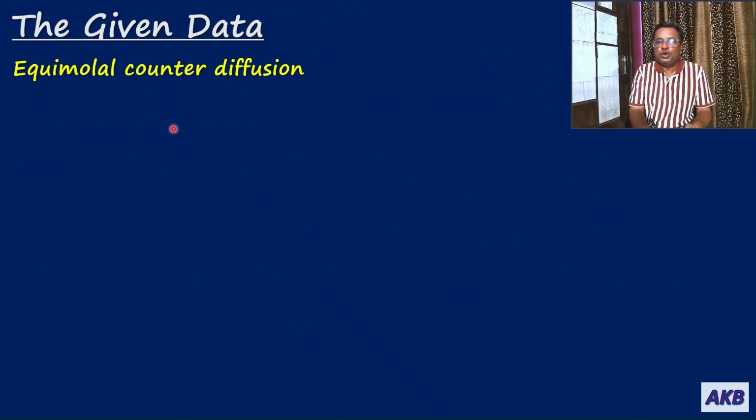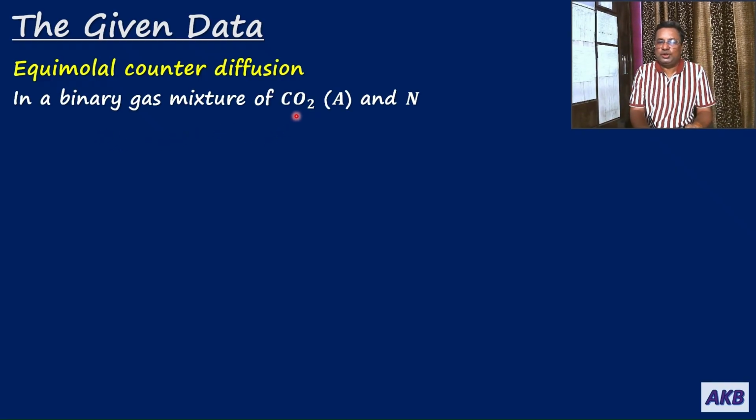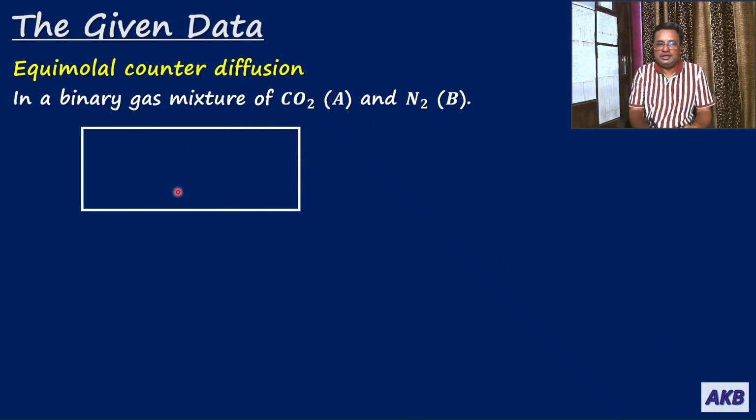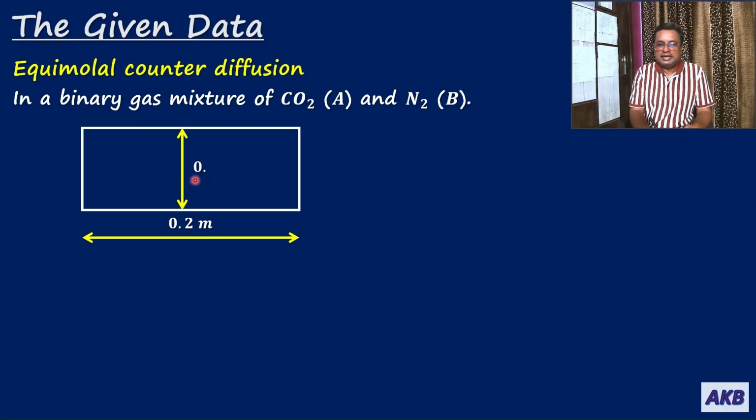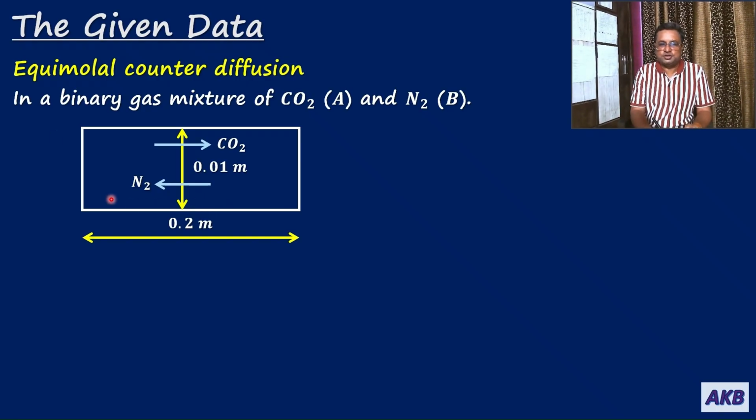So you have equimolal counter diffusion in a binary gas mixture of CO2 and N2. Let us denote CO2 by capital A and N2 by capital B. You have a tube whose length is 0.2 meter and diameter is 0.01 meter. Carbon dioxide is diffusing in one direction, whereas nitrogen is diffusing in the other direction, the counter current direction.